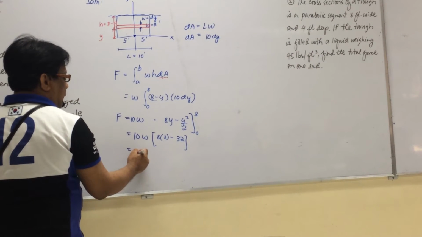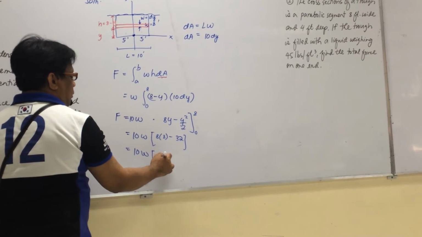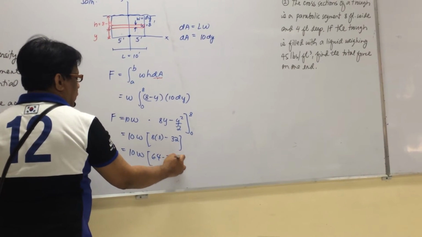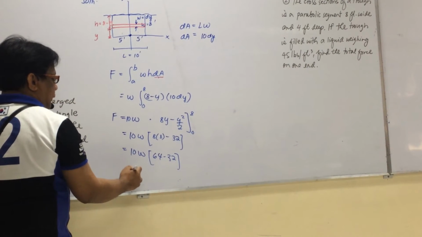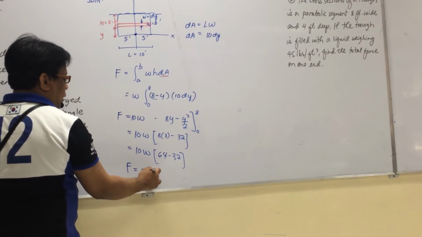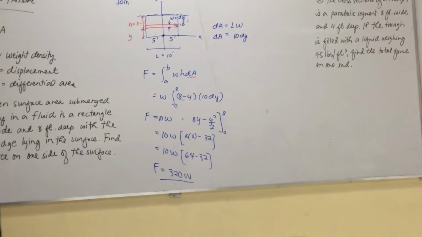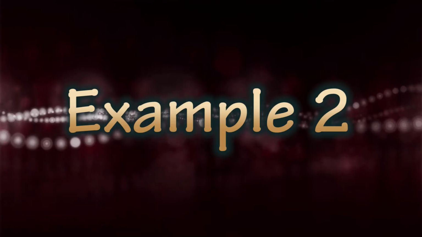So we have 10W times 8 times 8, which is 64, minus 32. The answer here is 32 times 10. So we have force equals 320 W, which is in terms of the weight density of the given fluid.